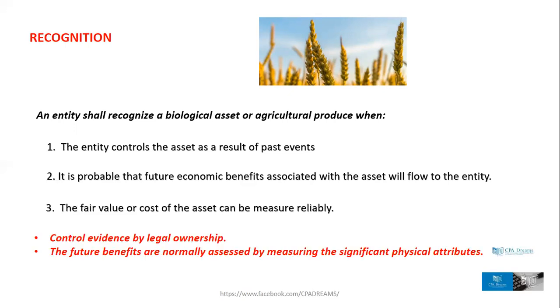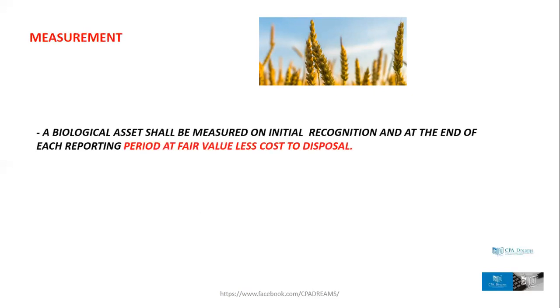There is a note here. Control evidence is by legal ownership. For example, you have a cow, and there is a certificate that you are the owner. So the future benefits are normally assessed by measuring the significant physical attributes. Now, what will be the measurement?